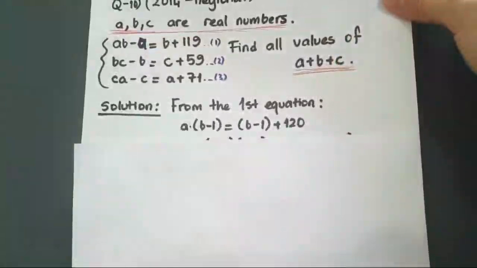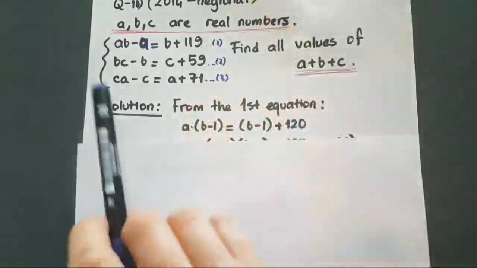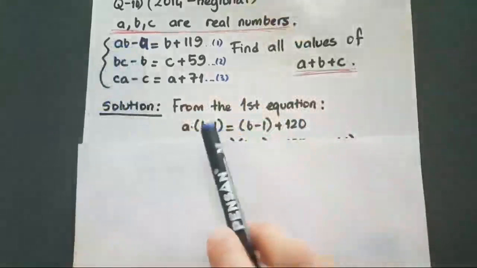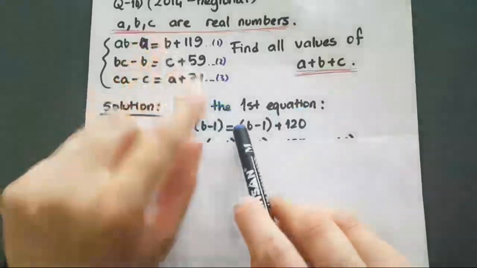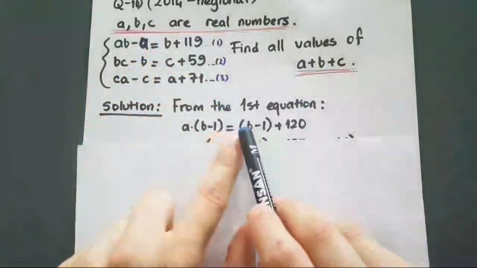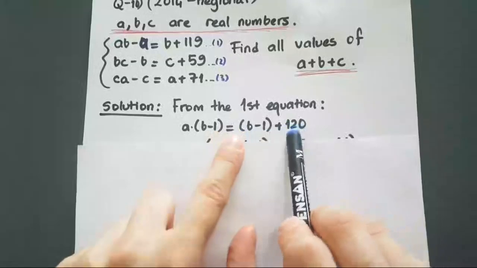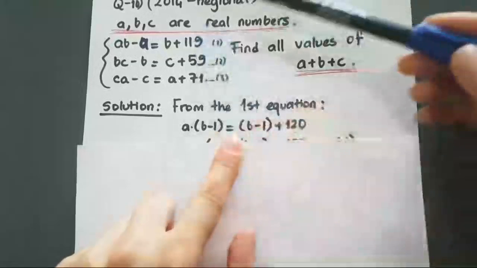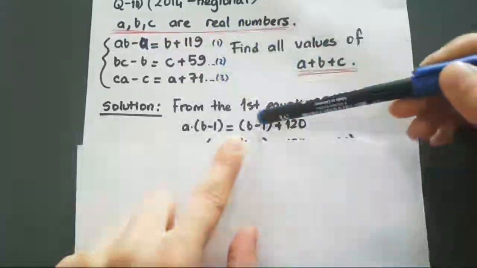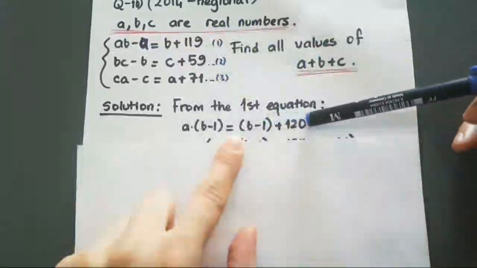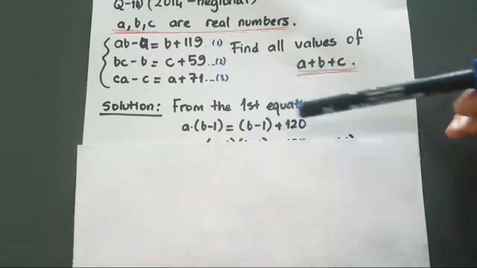From the first equation, if I factorize it, I will get A times (B minus 1). And on the right side of the equation, you're right, Philip, B minus 1 plus 120. Is it possible to write 119 in this form? Can I write it as minus 1 and 120? Yes, why not?